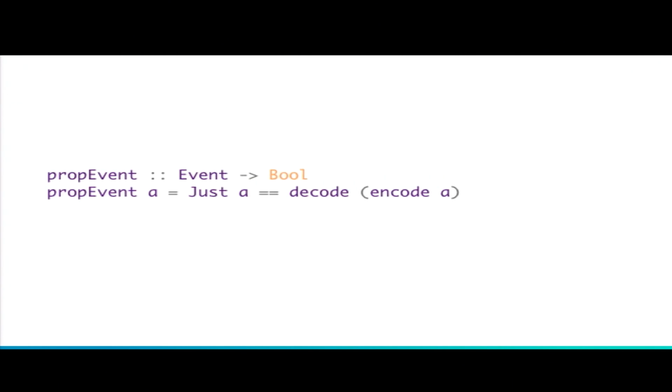So this is actually an example of a real test that I wrote. Basically what we're doing is testing that when I create an event, which is just some domain object in my domain, if I encode it into JSON and then decode it from JSON, it should be the same as what I had in memory before.